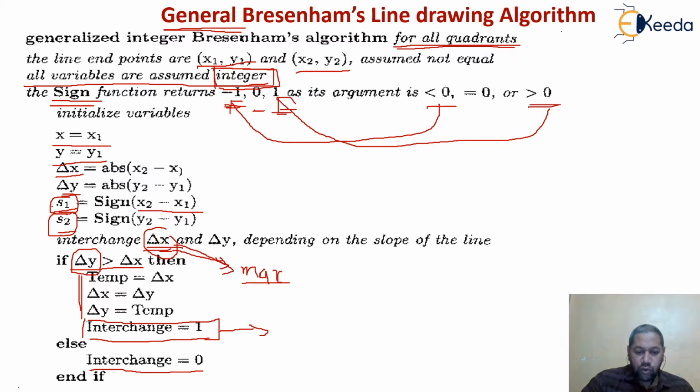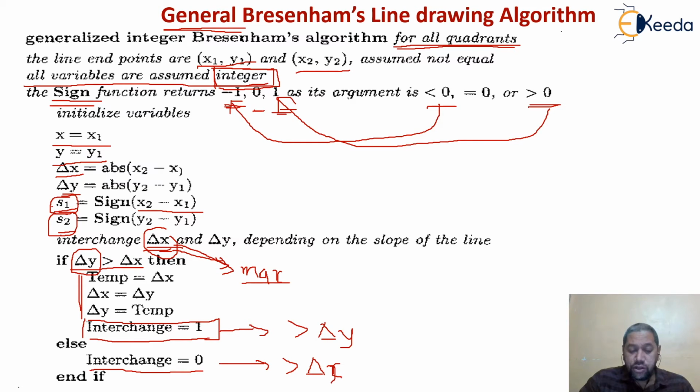So interchange equal to 1 indicates delta y is greater, and interchange equal to 0 indicates that my delta x is greater. The value of delta x is considered as the greater value, so that I can use my for loop which varies from 1 to delta x. Depending on whether interchange is equal to 1, meaning delta y is greater, see what will happen in Bresenham's algorithm.